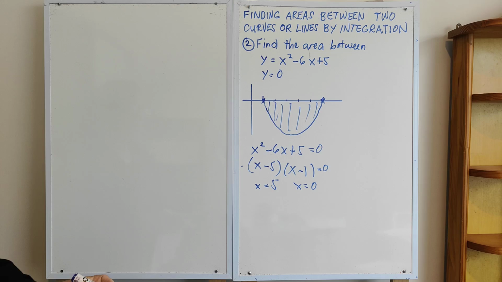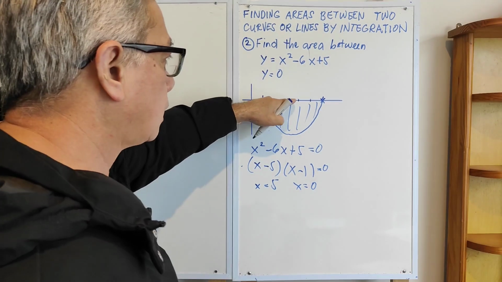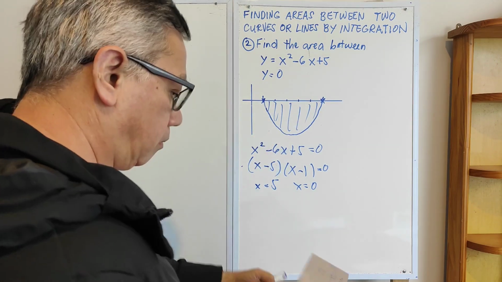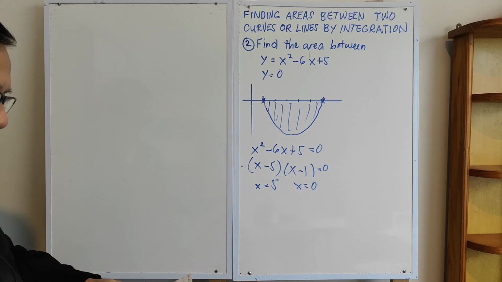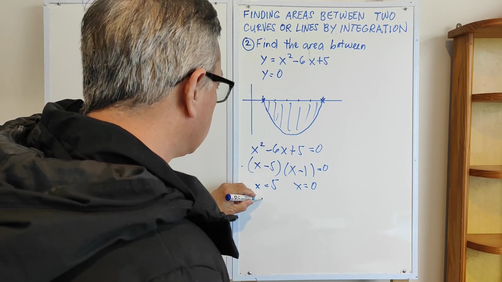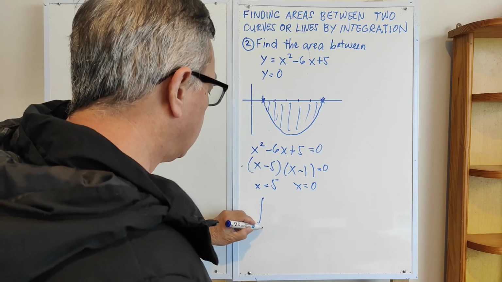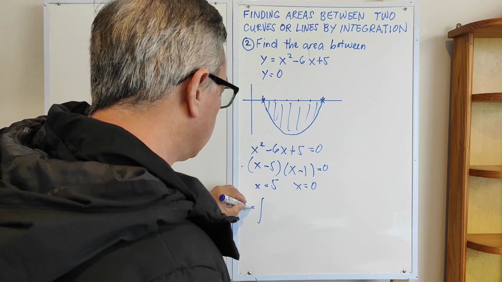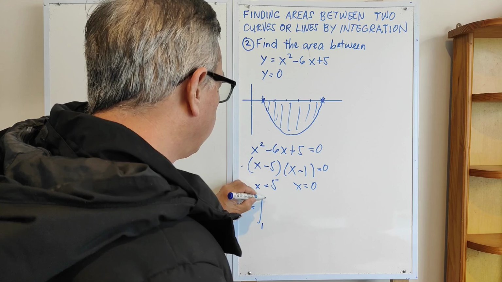Like before, it will be top minus bottom. So our working equation would be: the area is equal to the integral from 1 to 5.